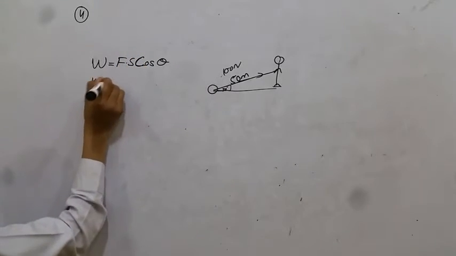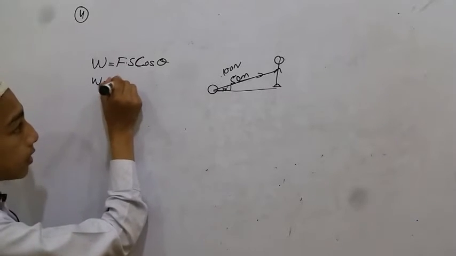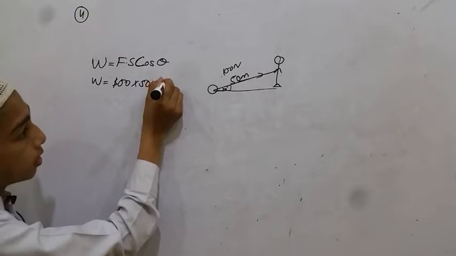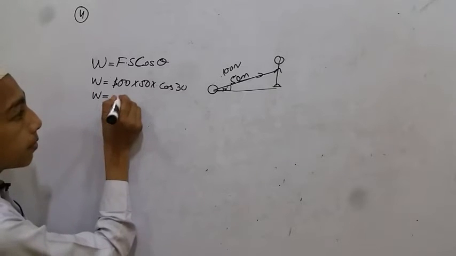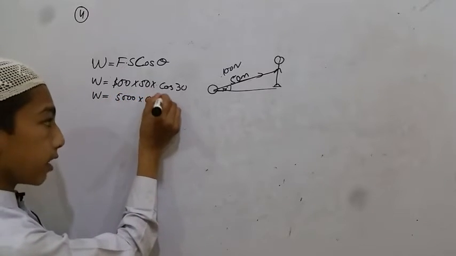So W is equal to F is 100 Newton and S is 50 into cos 30 degree. So W is equal to 5000 into 0.866.